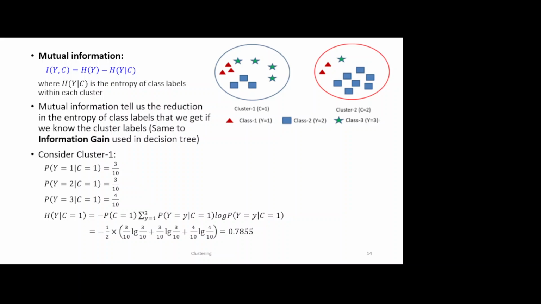Next we define the mutual information like this. The mutual information is the entropy of Y subtracted by the entropy of Y given C. What's Y given C? Entropy of Y given C means the entropy of the class labels within each cluster. So I give the clusters here.